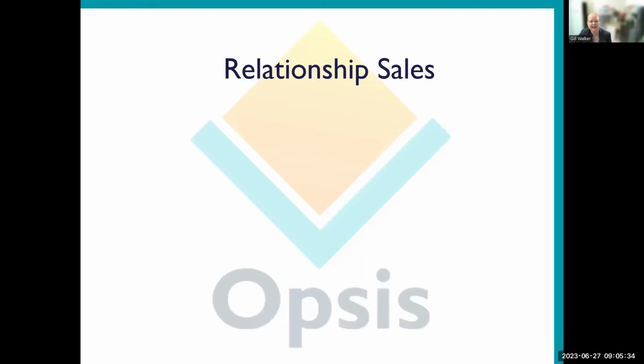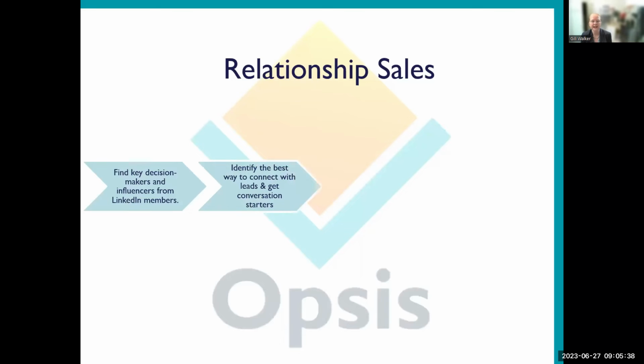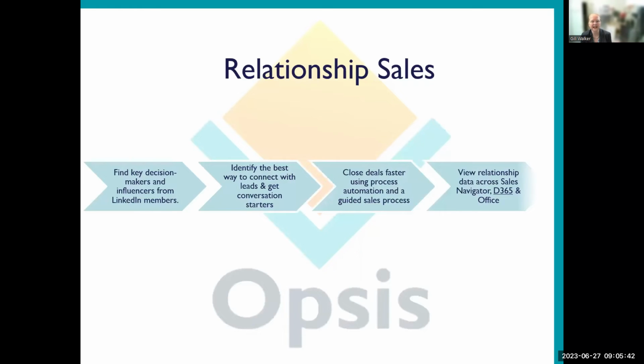Obviously only LinkedIn social data. But overall, what it allows you to do is to find key decision makers, then use different ways of connecting with them, and that enables you to close deals faster.